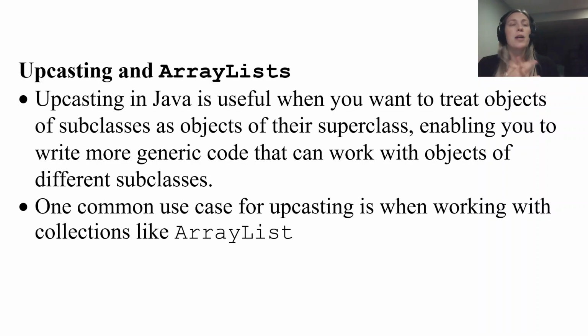Upcasting is useful when you want to treat objects of a subclass as objects of their super, which enables us to do generic code things with our data. Again, upcasting is very typical with lists and array lists.